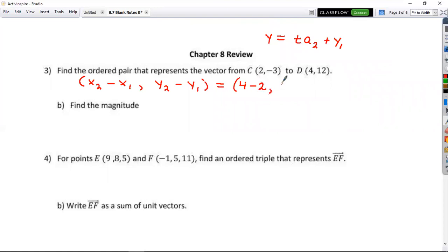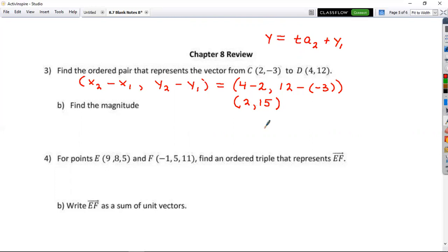And then y2 was 12, and then minus -3. Or you can just immediately switch that if you'd like. So the ordered pair that represents the vector is going to be equivalent to 2, comma, 15. Okay, so just like that.